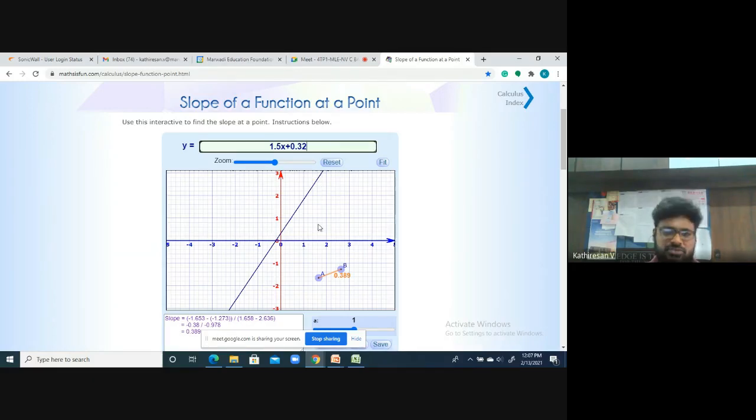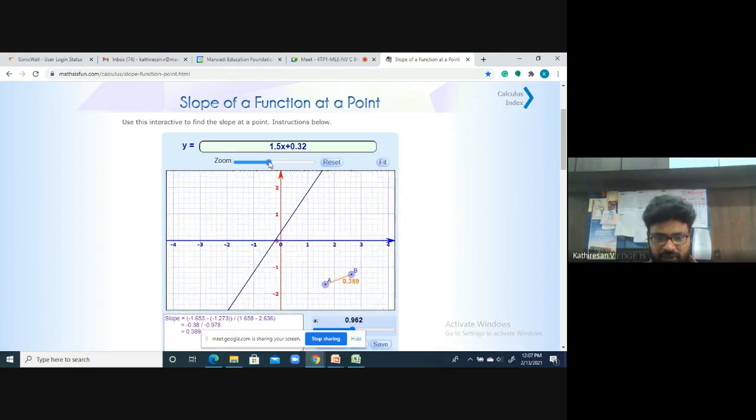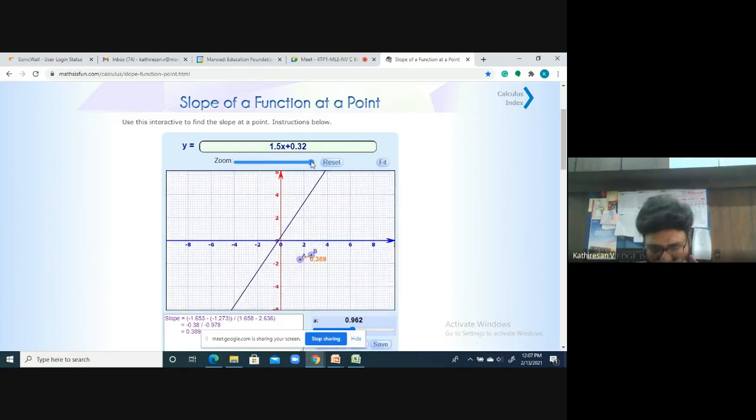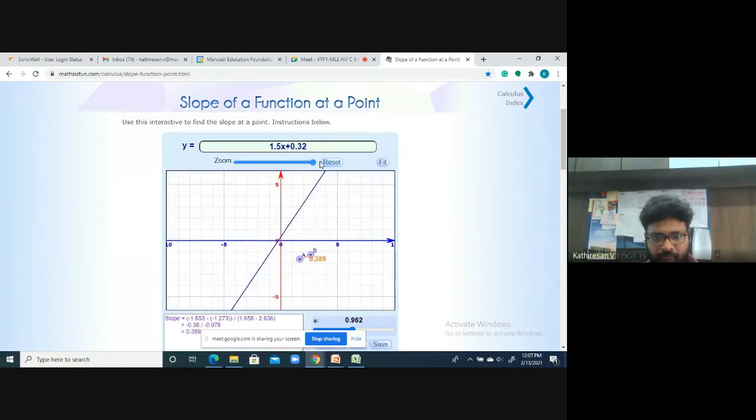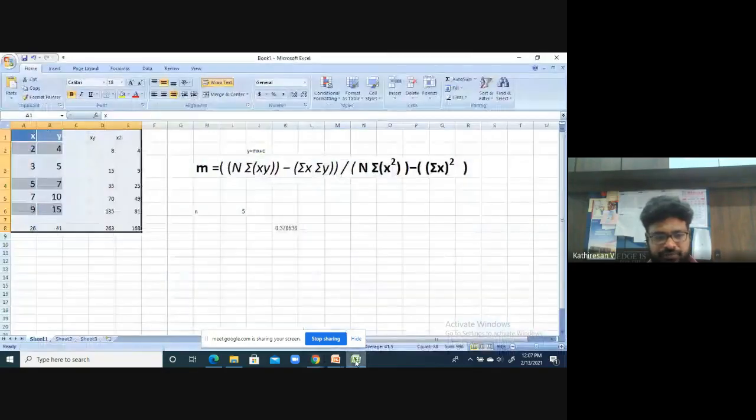So what is our x value actually? We found it for x equal to 8, right? See the data: 2, 3, 5.